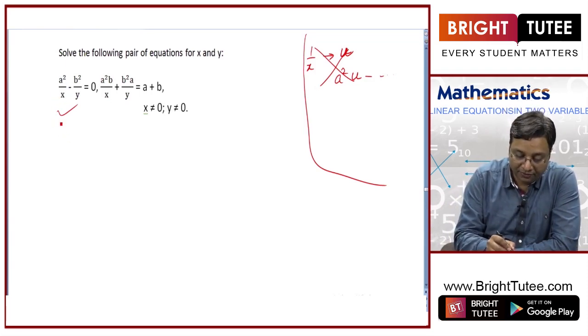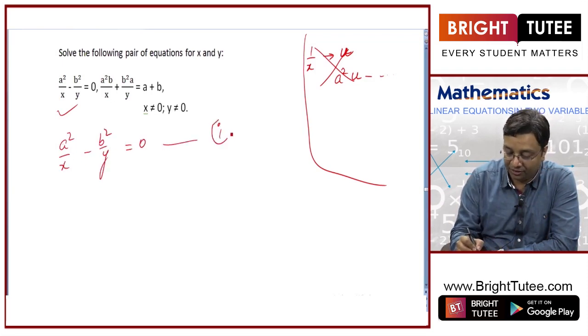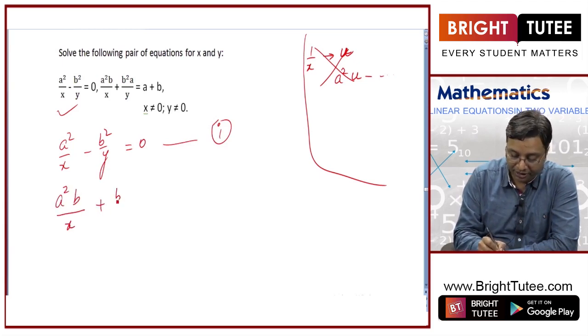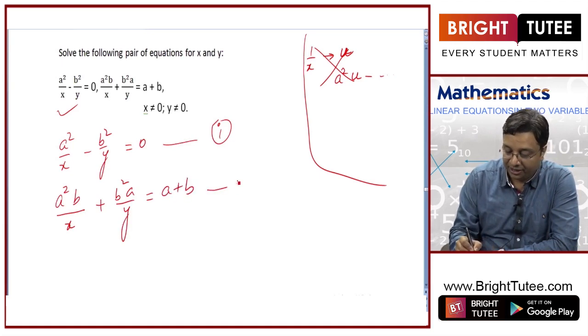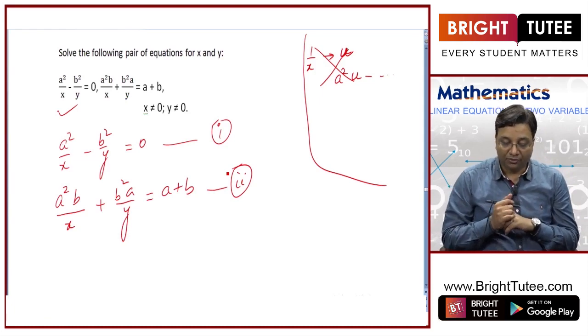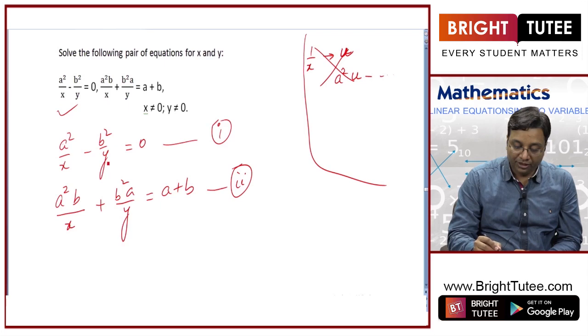So I take a square by x minus b square by y equal to 0 as my first equation and a square b by x plus b square a by y equal to a plus b as my second equation. Now, which coefficient would you like to equate? Let us equate the coefficient of 1 by y.